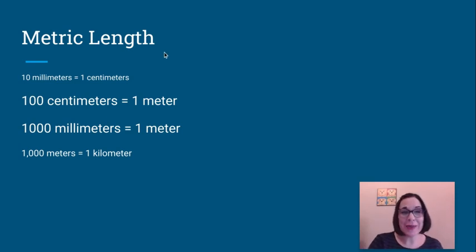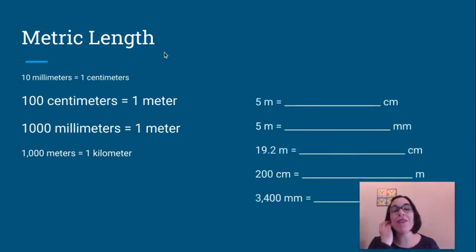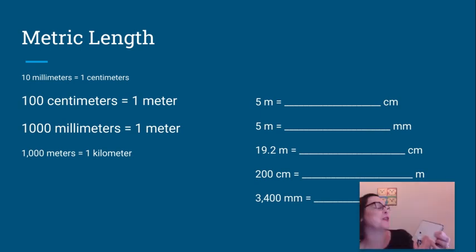So for our sample ones here, we have 5 meters. So if I have 5 desks pushed next to each other, I'm going to draw my 5 centimeters, or excuse me, 5 meters. Each one is 100 centimeters.